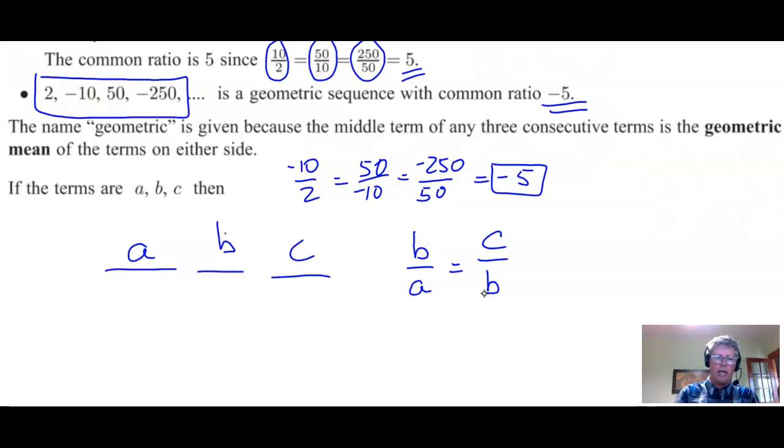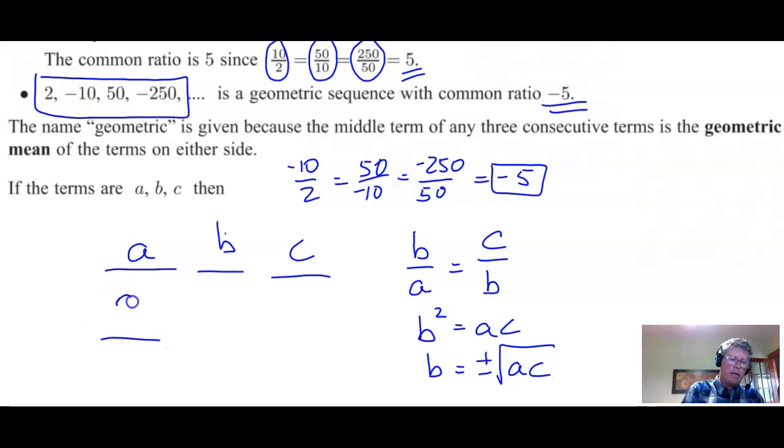Well, let's just work this out and see what happens. I get B squared is equal to AC, and B equals plus or minus the square root of AC. Plus or minus, because when we take the square root, we have to do plus or minus.